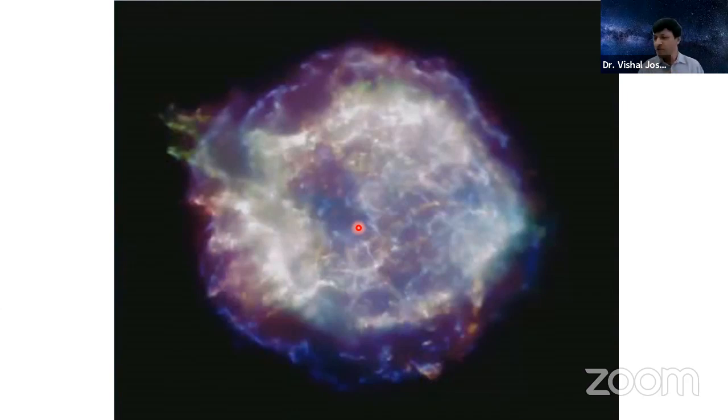The typical size of a neutron star is smaller than Rajkot or Ahmedabad. A few tens of kilometers, maybe 10, 12 or 15 kilometers in radius. So a neutron star is a very compact object, yet it is more massive than the sun. So they are very dense objects. Even a spoonful of a neutron star is heavier than Mount Everest. They are very dense.